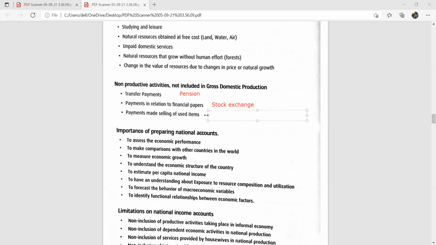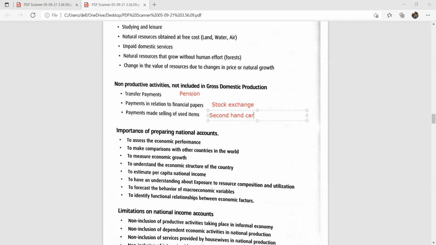Then after, payment made for selling of used items, like a second-hand car. Of course, we purchase a car brand new, unregistered, for the first time.